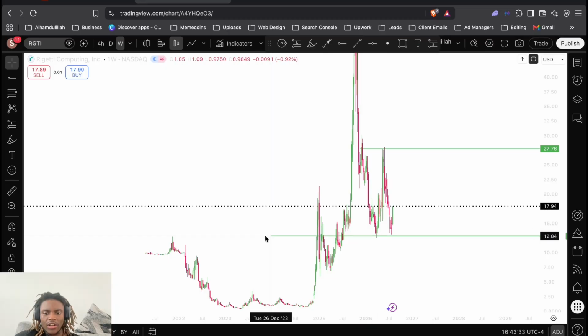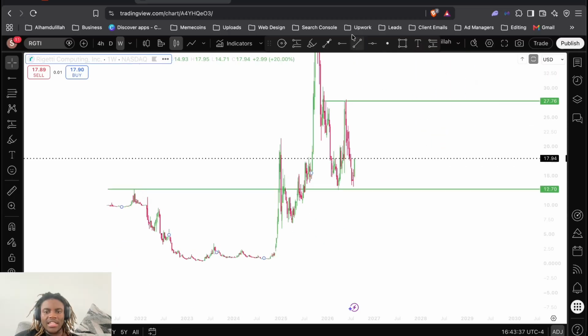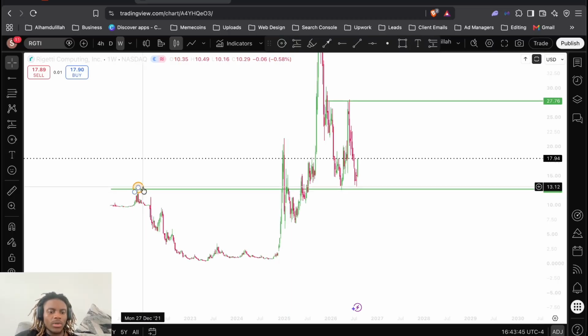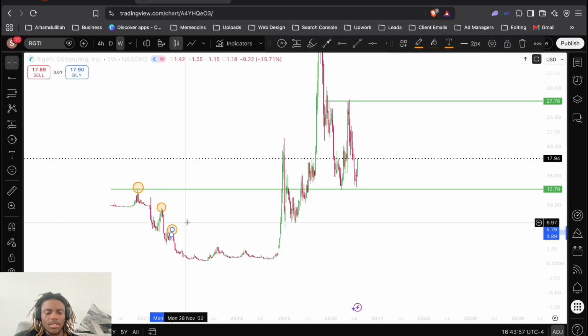We can see, starting all the way over here on our weekly time frame, the company put itself on the stock market in 2021, at least this stock did. It went up, hit here in 2021, then decided to run all the way down, run back up, create some more resistance here, came down, came back up, and created some more resistance.